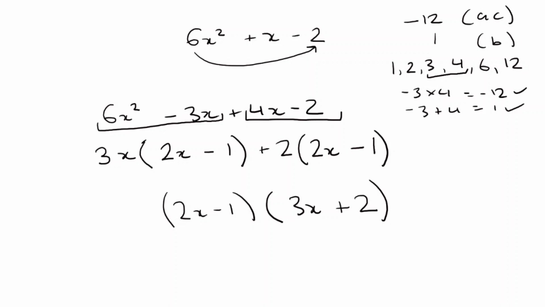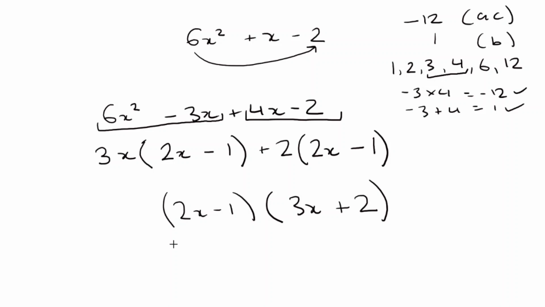And one way to check this is that after we factorize it, if we actually expand it, we should get back to this equation. So let's try that. Let's expand this to make sure we've done this correctly.